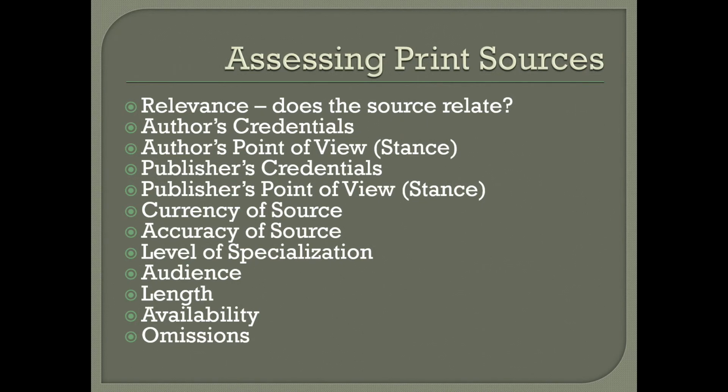Or do I want a source that specifically talks about Black Lives Matter? Well, I probably want sources that talk about Black Lives Matter, not just racism in general. If I'm writing a paper on BLM, I want to know more about this organization. So I want a level of specialization that's very narrow. You see what I'm saying?